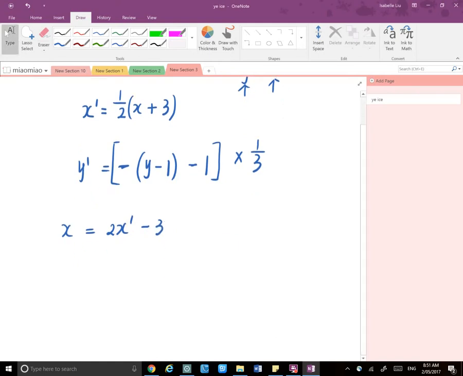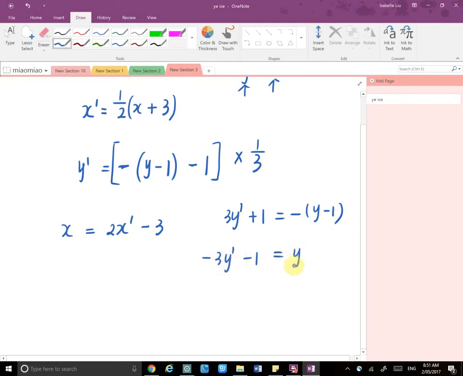And what's y? Let's have a look. 3y dash plus 1 equals minus y minus 1. So you negative the whole thing, negative 3y dash minus 1 equals y minus 1, and y will equal negative 3y dash.